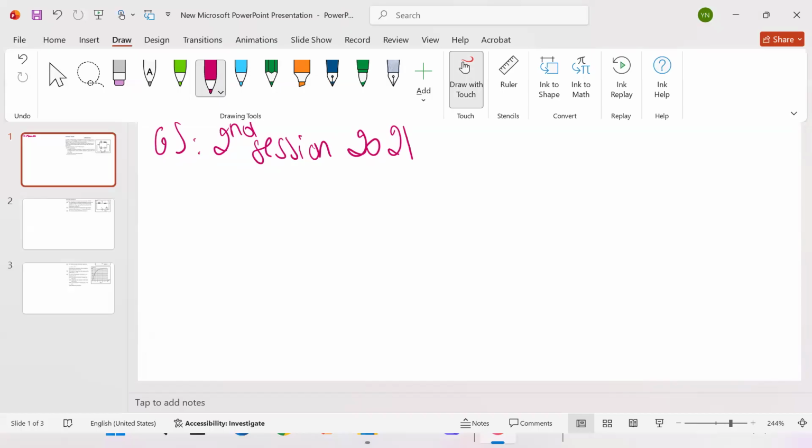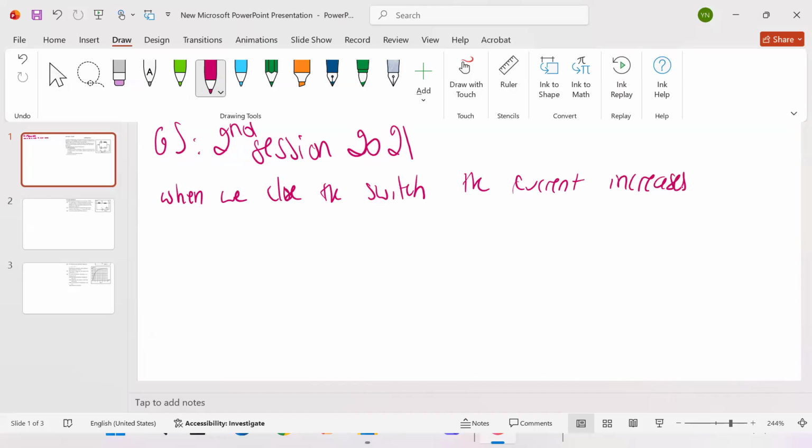So when we close the switch, this is question one. When we close the switch, the current increases, obviously. And the flux increases because they are related, obviously, using the formula flux equals Li.